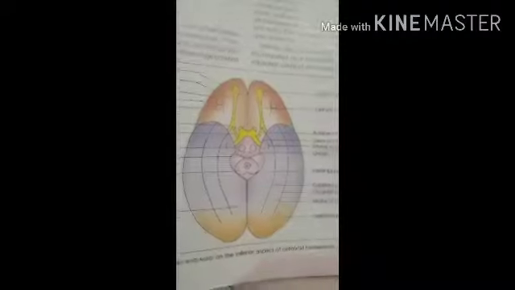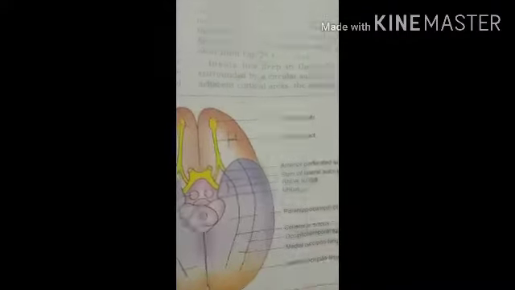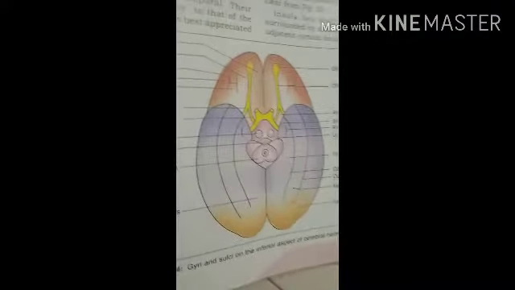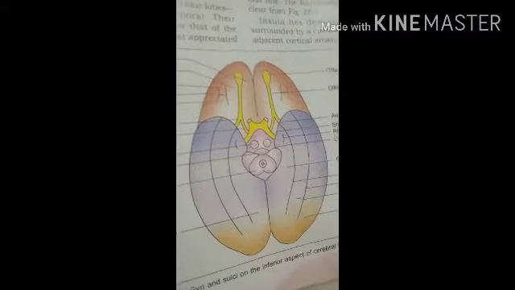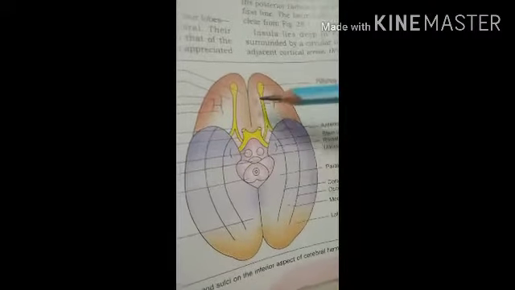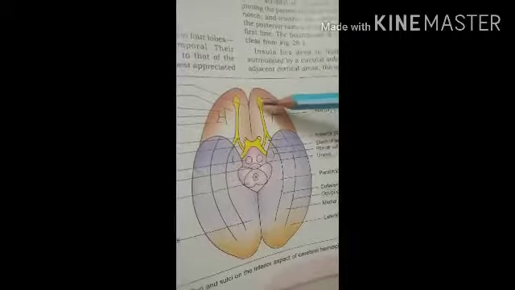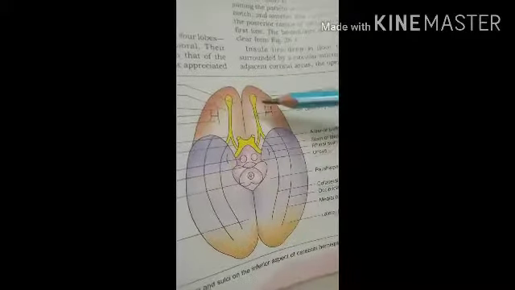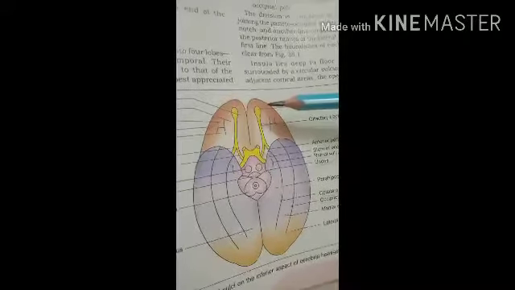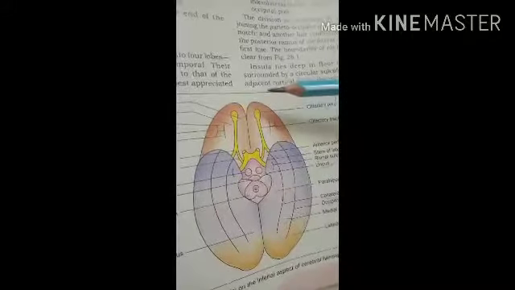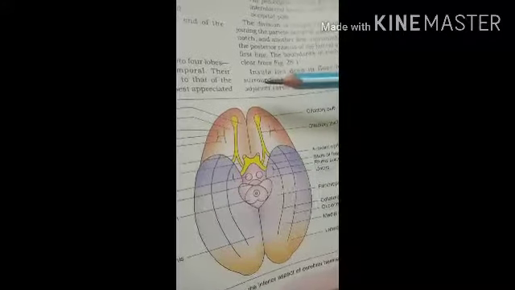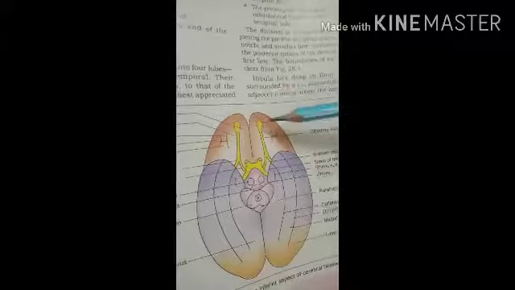So here this is the inferior surface. First is the olfactory sulcus. Here the olfactory bulb and olfactory tract are present. It is a straight sulcus which runs antero-posteriorly close to the medial border of the orbital surface.